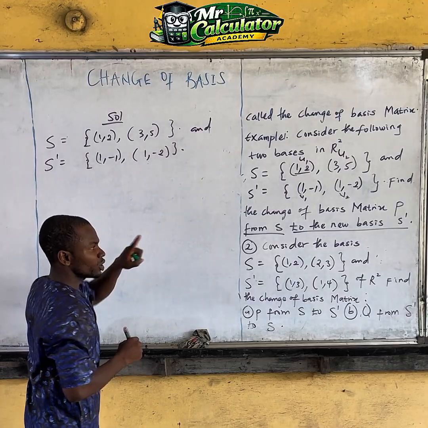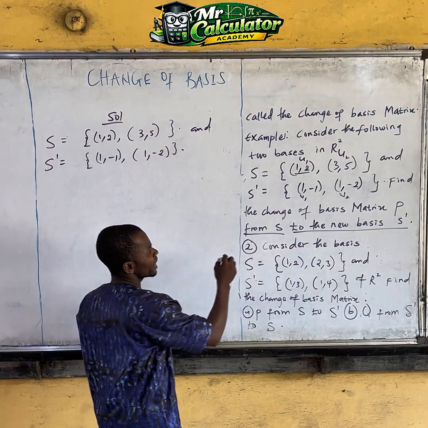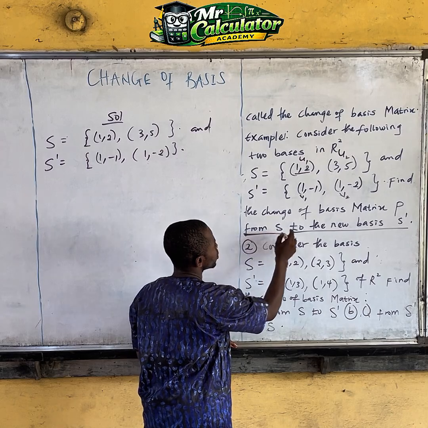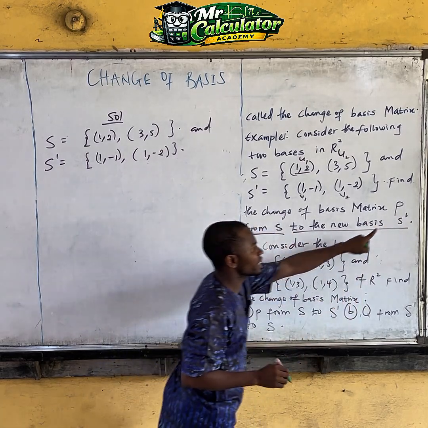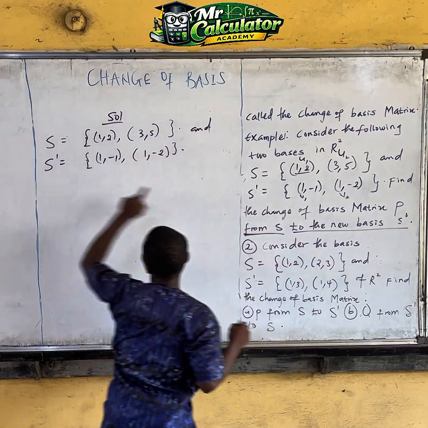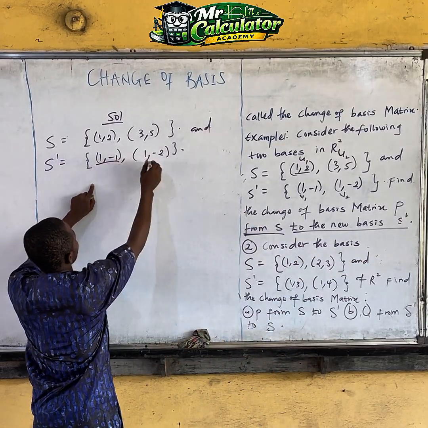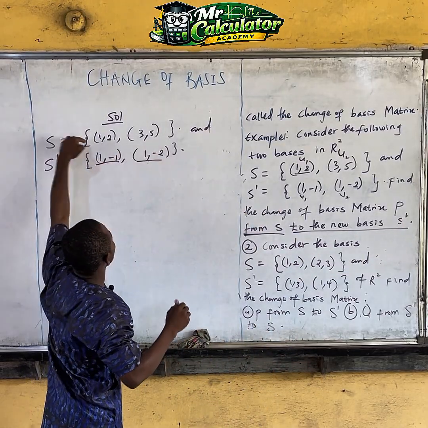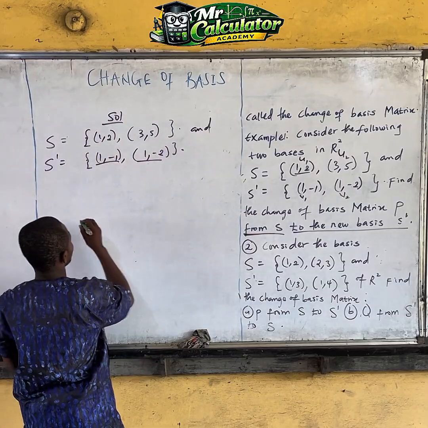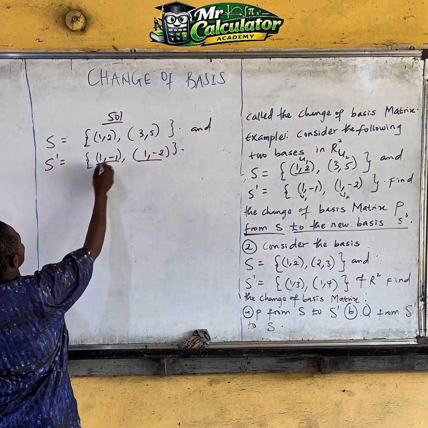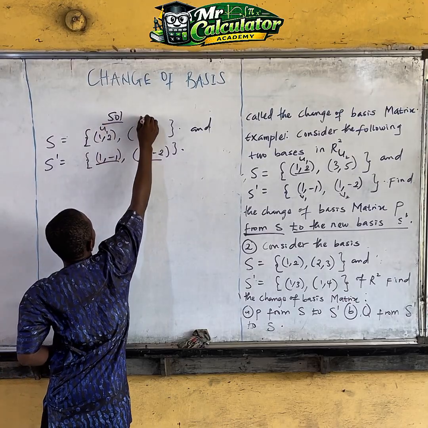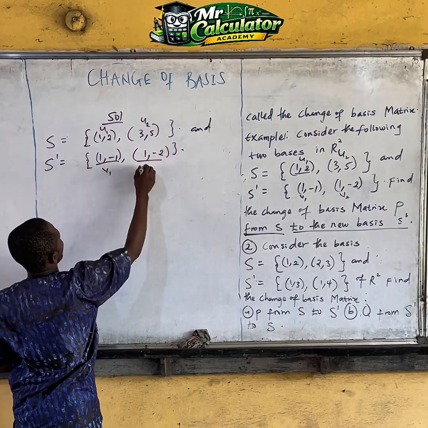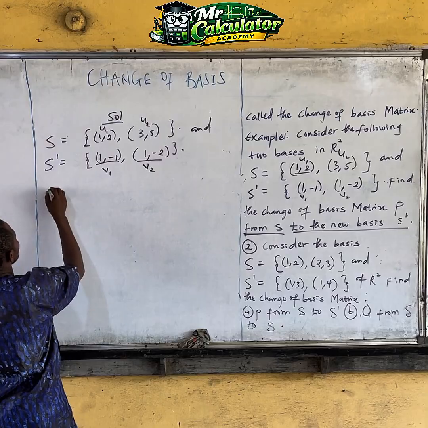Okay, please don't forget the question: changing the basis from S to the new basis S prime, which means we want to write the basis of S prime as a linear combination of the basis of S. So let's say this one is U1, this one is U2, and this one is V1, this one is V2.